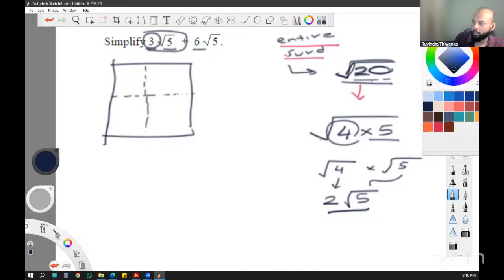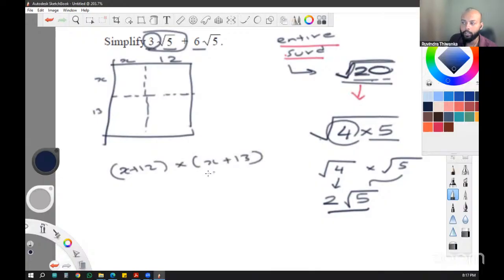If you just put x and this is a value of 12, and here you put x and this is a value of 13, okay? If they ask you what is the area of this rectangular shaped thing, you can say it as x plus 12 into x plus 13, right? Then you multiply these and you'll get an answer with x squared, something.